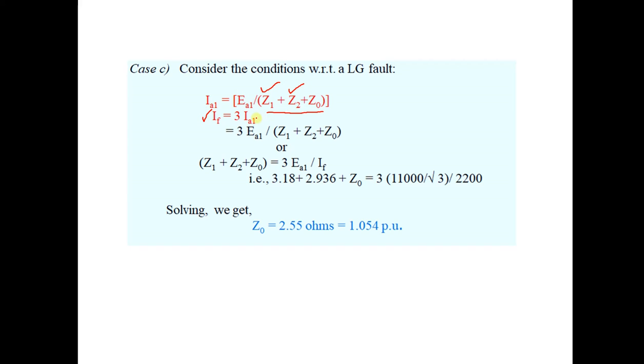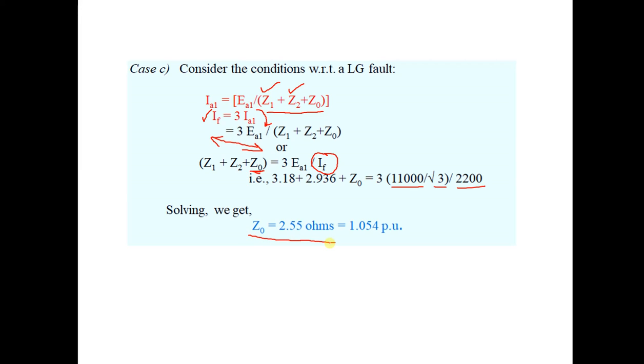We just substitute the values, or cross multiply. It will be better to find Z0 after cross multiplying the equation, 11,000 by root 3. 2200 amps is the fault current given in the data. From this we obtain Z0, 2.55 ohms.